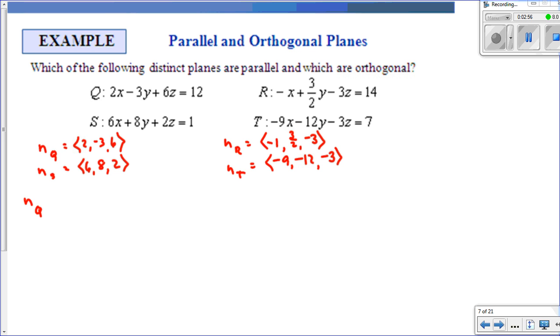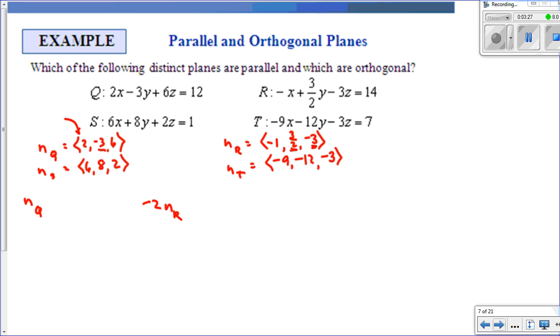NQ and NR. If I were multiplying NR times -2, I would get the first component of NQ. So -2 times NR would give me the first component. Now let's see, -2 times the second component here of NR would give me a -3, and -2 times the third component would give me a +6.